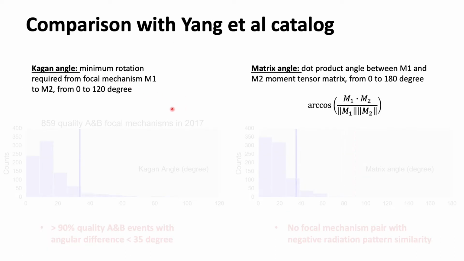To check the similarity of two focal mechanisms, we use the following two parameters: Kagan angle, which is the minimum rotation required from one focal mechanism to the other, and matrix angle, which is the dot product angle between two moment tensor matrices of the focal mechanism.